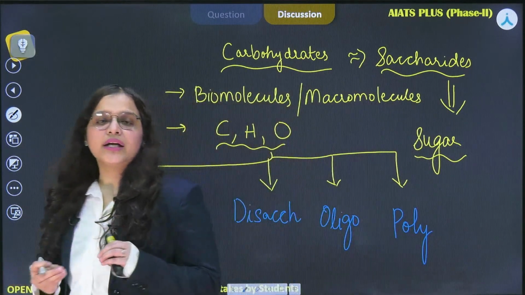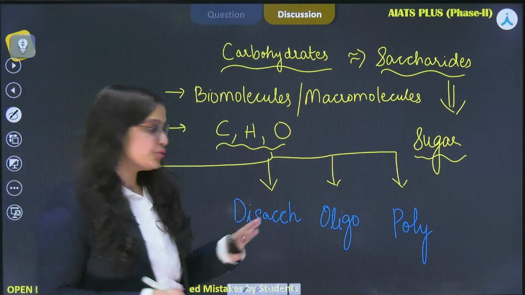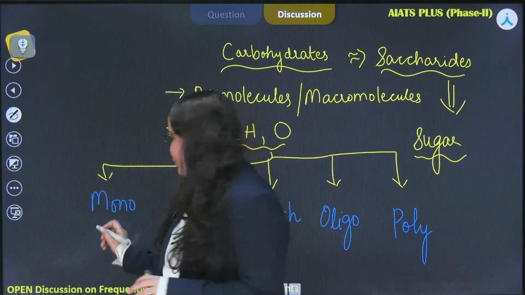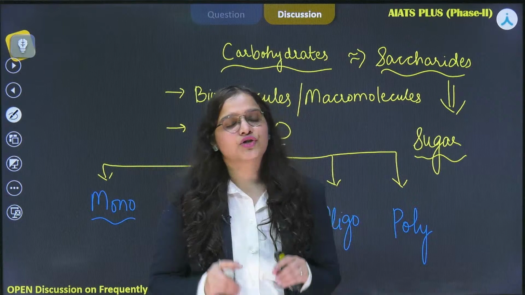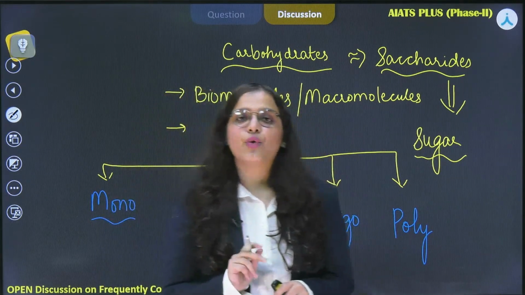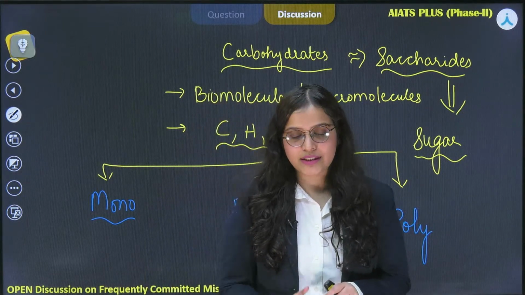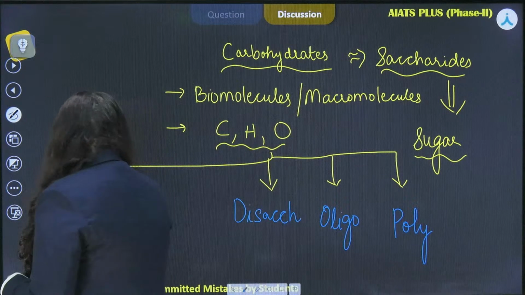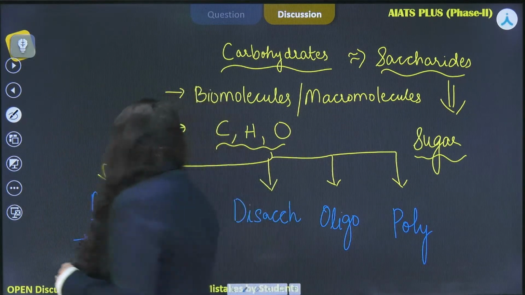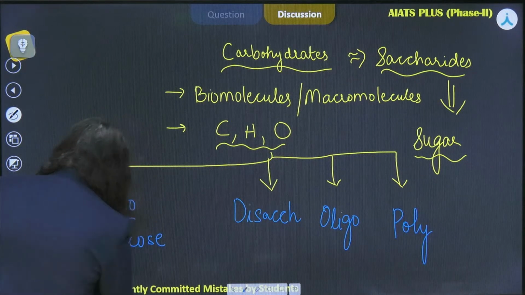To understand it in a simpler way, all we are going to do is break these words. Mono means one. So, monosaccharides are carbohydrates in which only a single unit or a single molecule is present, and examples will be glucose and fructose.